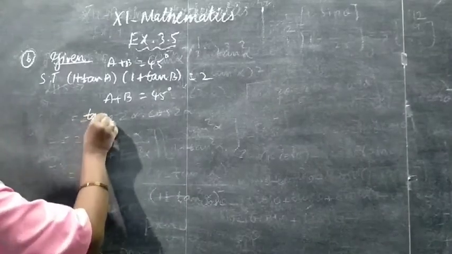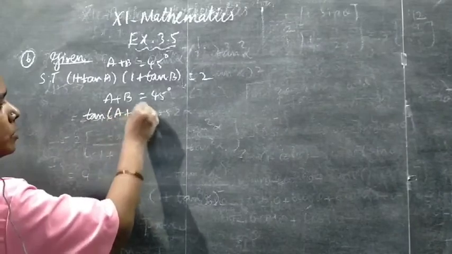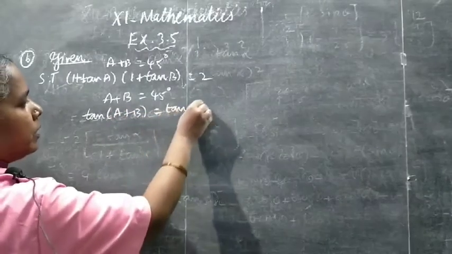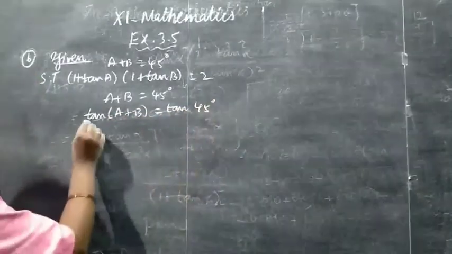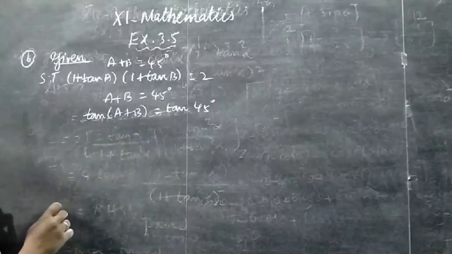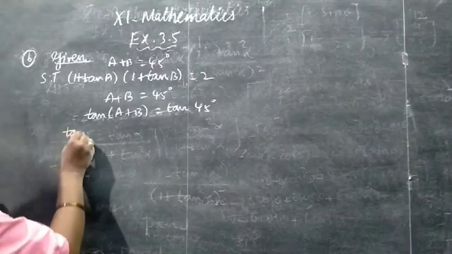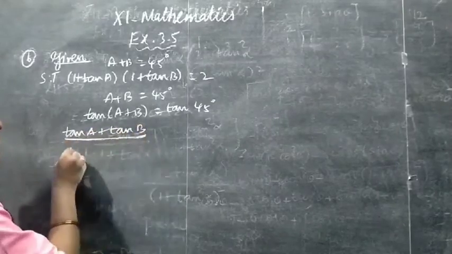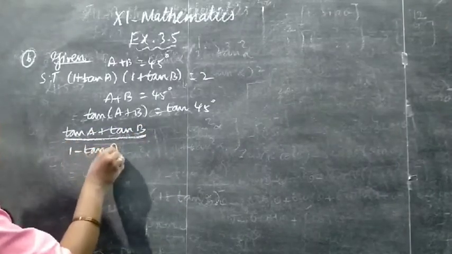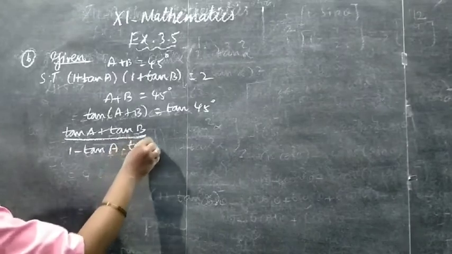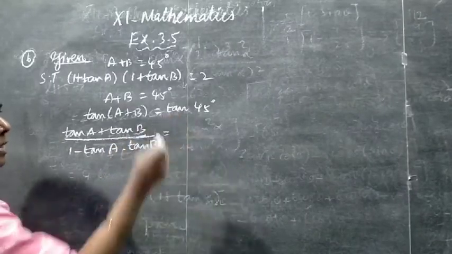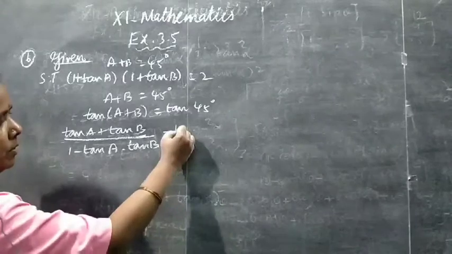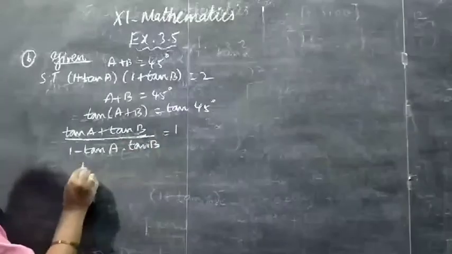Tan of a plus b equals tan 45. You know the tan a plus b formula: tan a plus tan b by 1 minus tan a into tan b. What is the tan 45 value? 1.